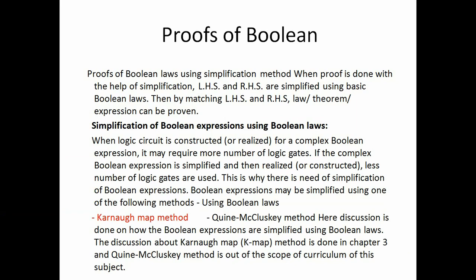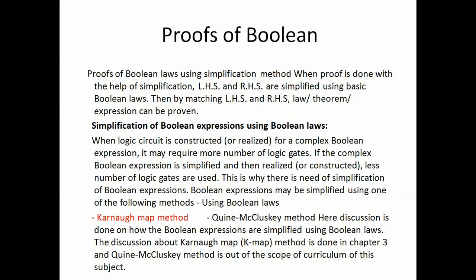Now we will study the simplification of Boolean laws by using the right hand side and left hand side. There are different types of Boolean laws as well as theorems: De Morgan's theorem and duality theorems.